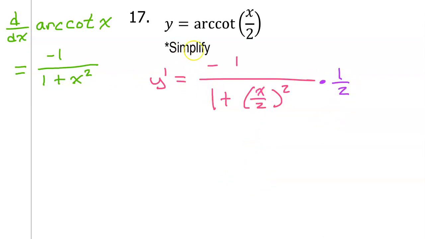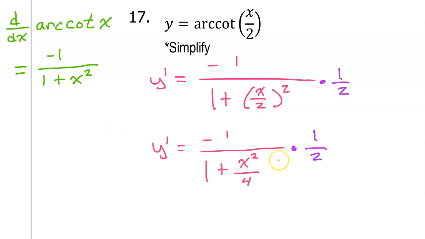Now it does say simplify, so I'm going to play around with this a little bit. Let's start by squaring this fraction. So this will be x squared over 4. Let's go ahead and multiply by this 1/2 now. Obviously 1 times negative 1 will still be negative 1. But in the denominator, this 2 is going to distribute. So I'm going to end up with a 2 right here where the 1 is.